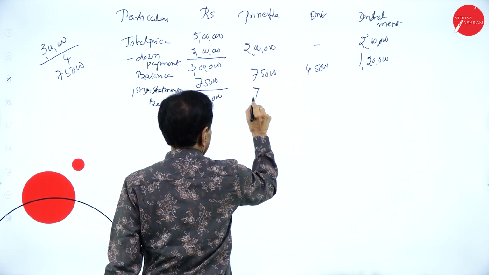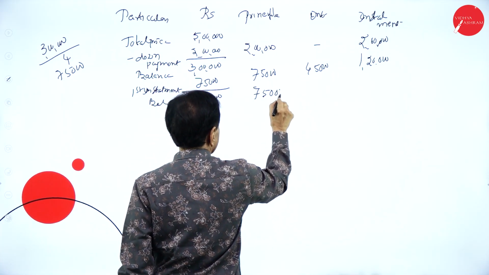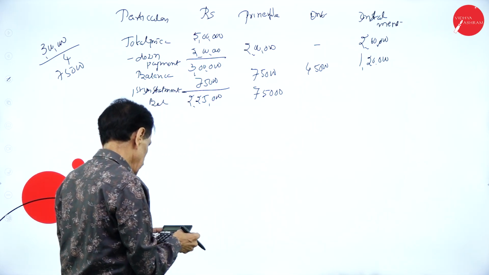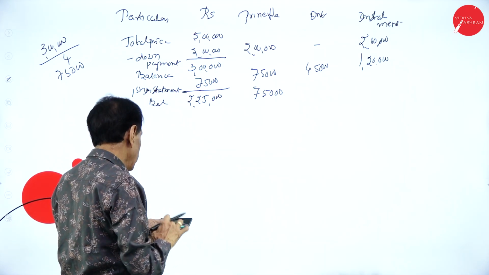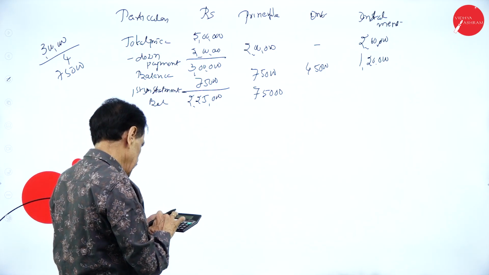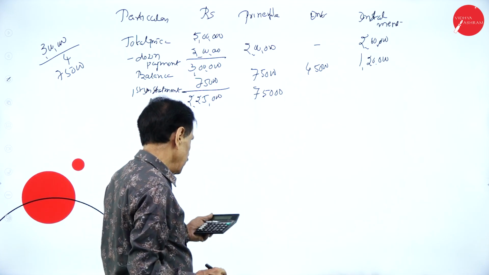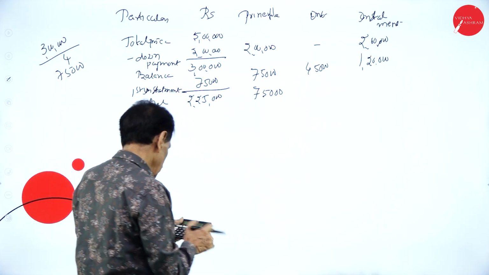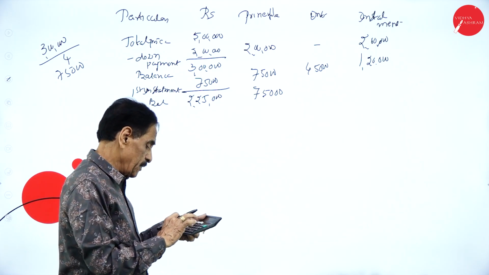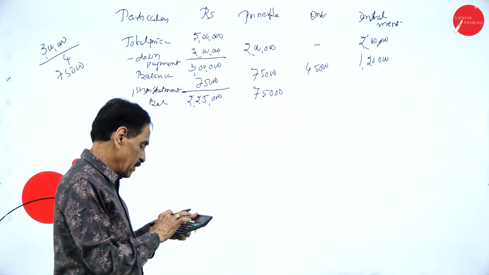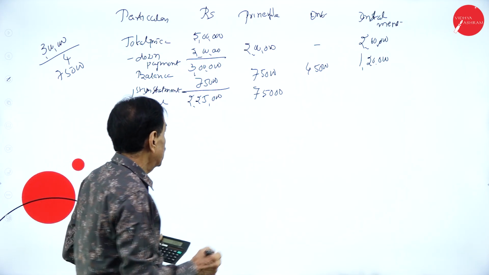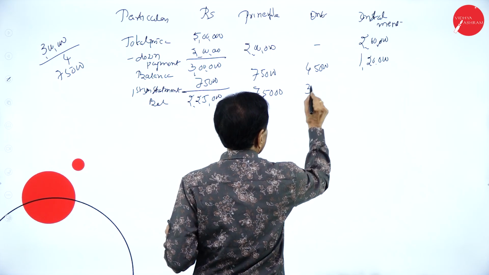Principal remains constant, 75,000. Interest on 2,25,000: 2,25,000 into 15 divided by 100, 33,750. I will repeat, 2,25,000 into 15 divided by 100, 33,750.